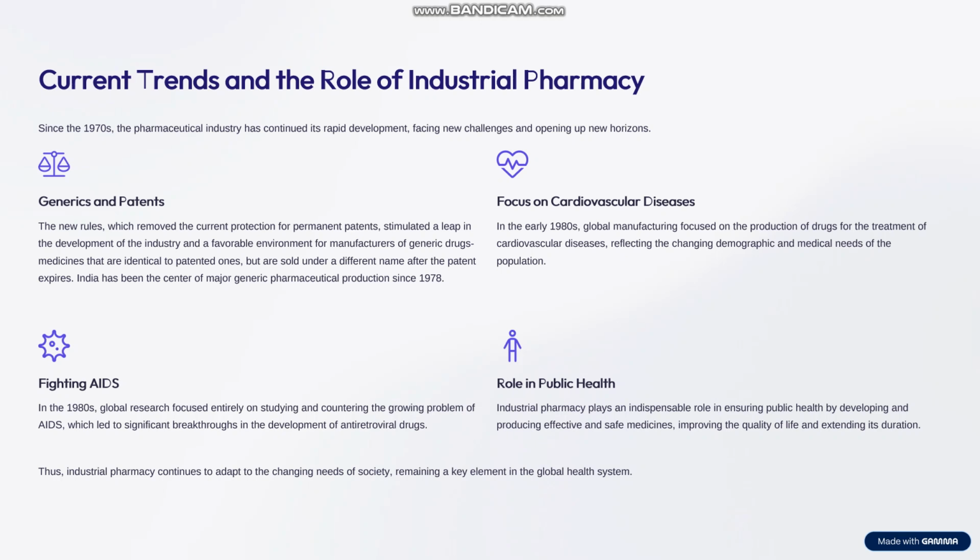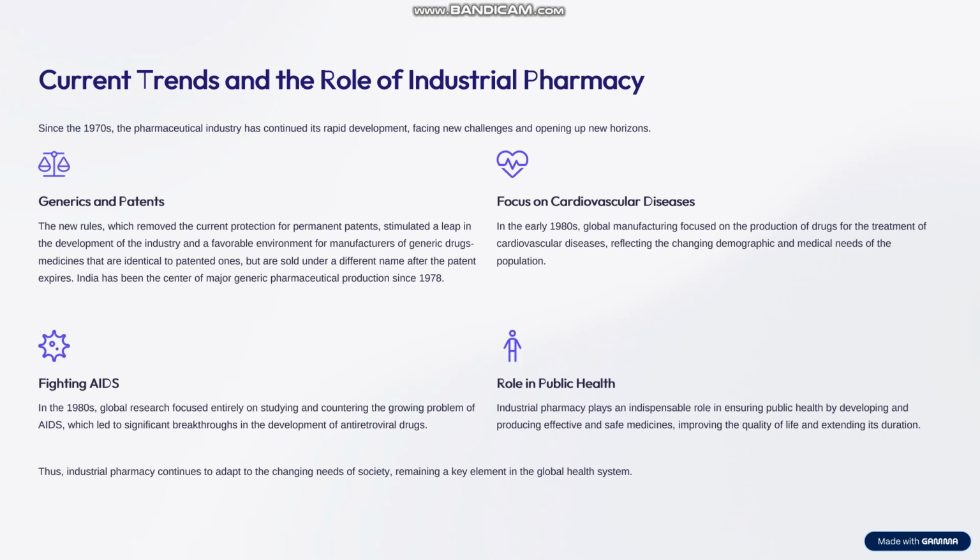Focus on cardiovascular diseases. In the early 1980s, global manufacturing focused on the production of drugs for the treatment of cardiovascular disease, reflecting the changing demographic and medical needs of the population. Fighting AIDS.